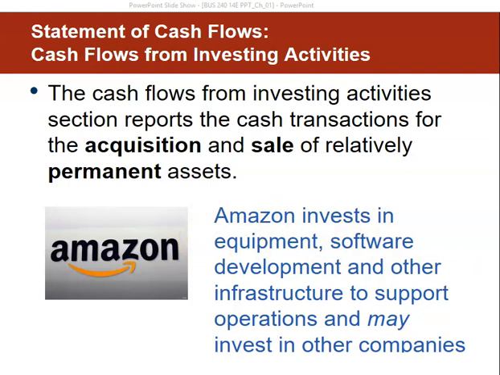These are all examples of outflows of cash. I would also say that whenever a company decides to sell an asset that has been used in operations, say we buy a truck and use it for a while and then sell that truck, that would be an inflow from investing activities.